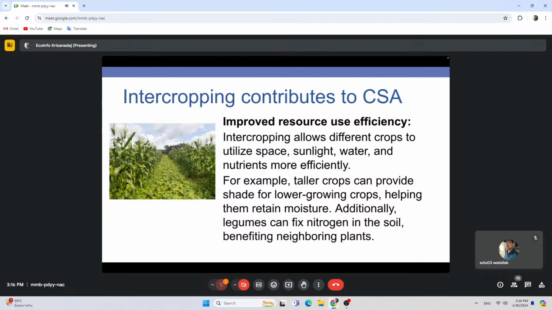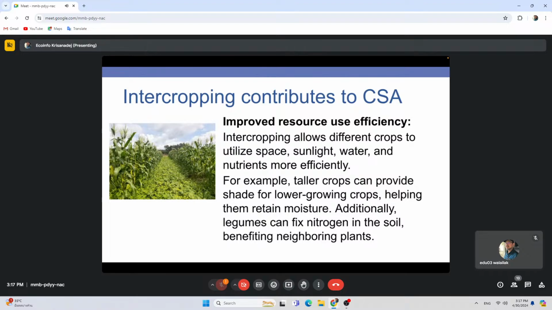If you do that, you optimize the utilization of space, sunlight, water, nutrients, and also fertilizer. If you apply fertilizer to your corn, when it leaches out, the plant in the middle of the row can use that fertilizer that normally goes away with the rainfall. This is why intercropping helps farmers use resources efficiently.